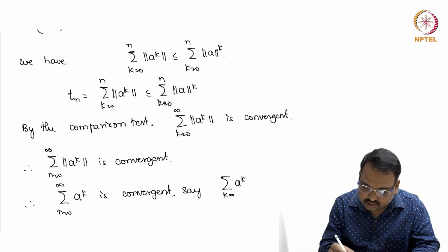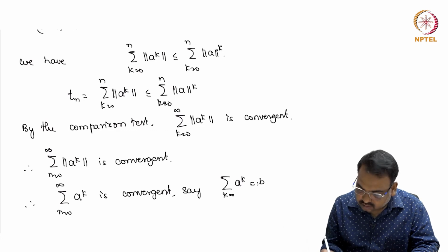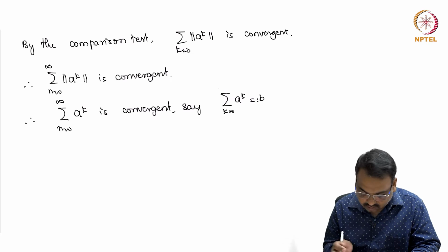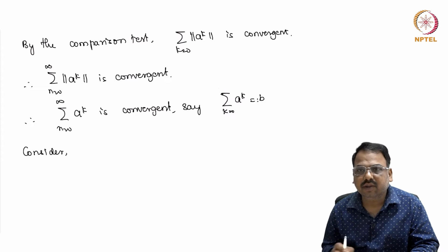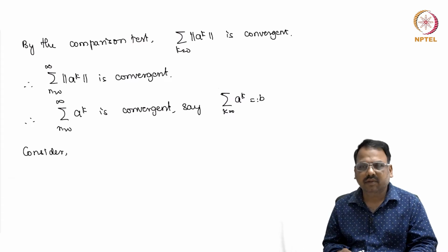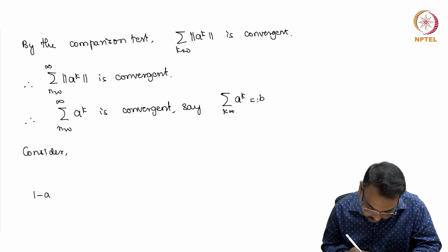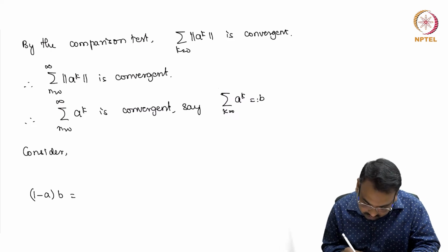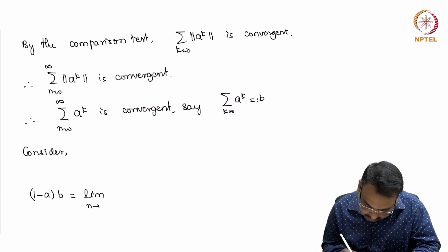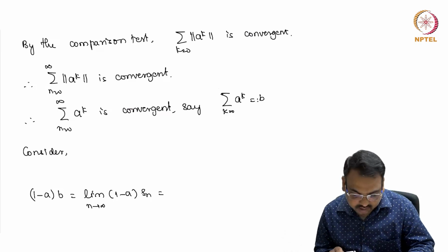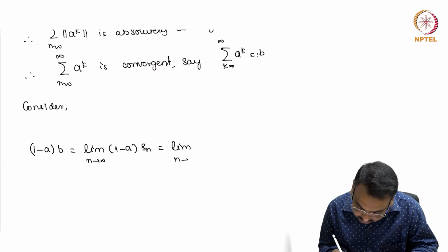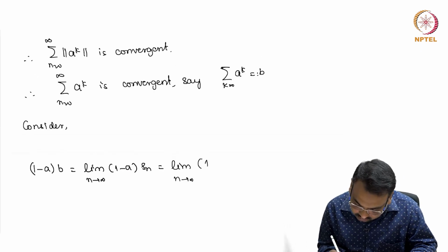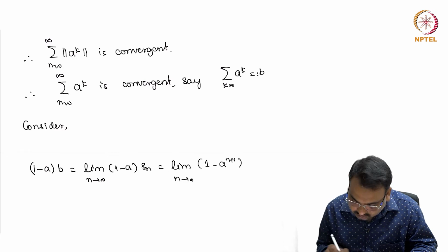Now we want to show that b is exactly the inverse of 1 minus a. So we want to show that (1 minus a) into b is 1 and b into (1 minus a) is 1. So (1 minus a) into b, where b is nothing but the limit of Sn, we know that (1 minus a) into Sn is 1 minus a power n plus 1.